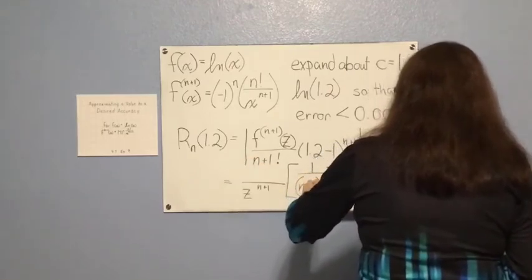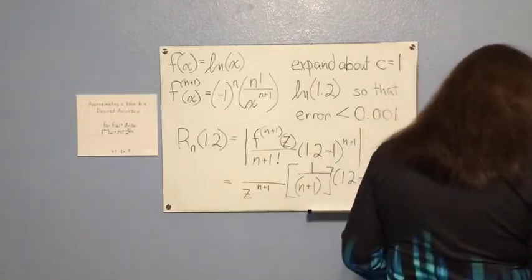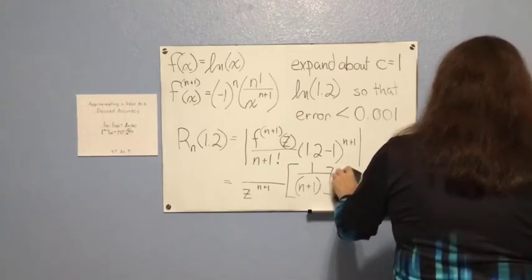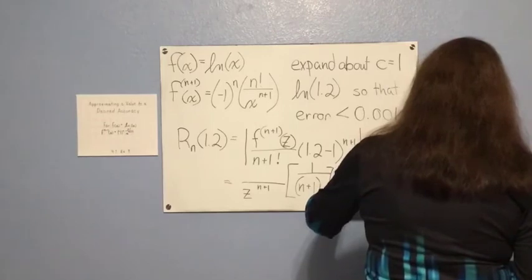So I'm left with just n plus 1 in the denominator. And of course, 1.2 minus 1, I can make that just 0.2.